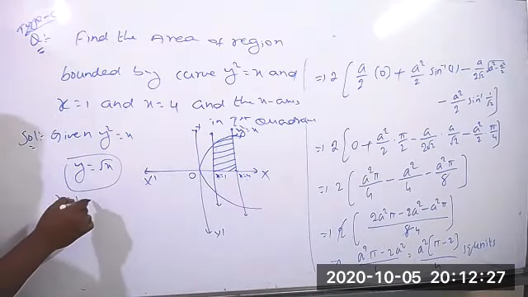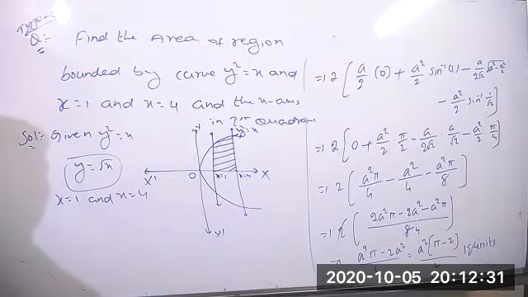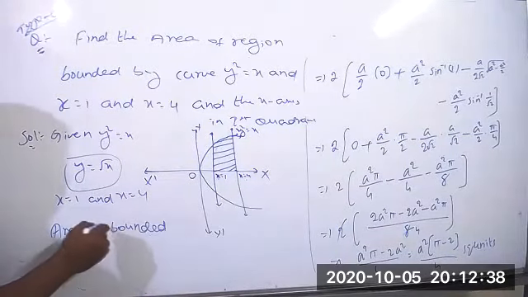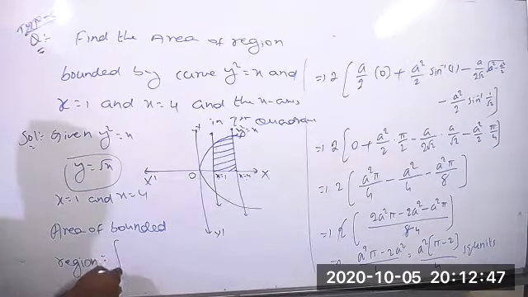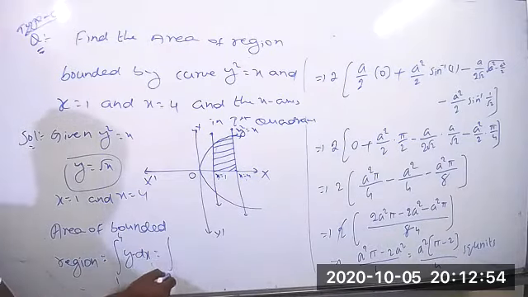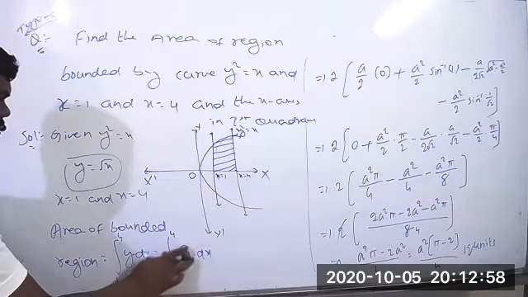And x equal to 1 and x equal to 4 are also given, so we can directly take these. Therefore the area of the bounded region is equal to the integration, with limits 1 to 4, of y into dx. So the integration from 1 to 4, with y equal to root x, into dx.